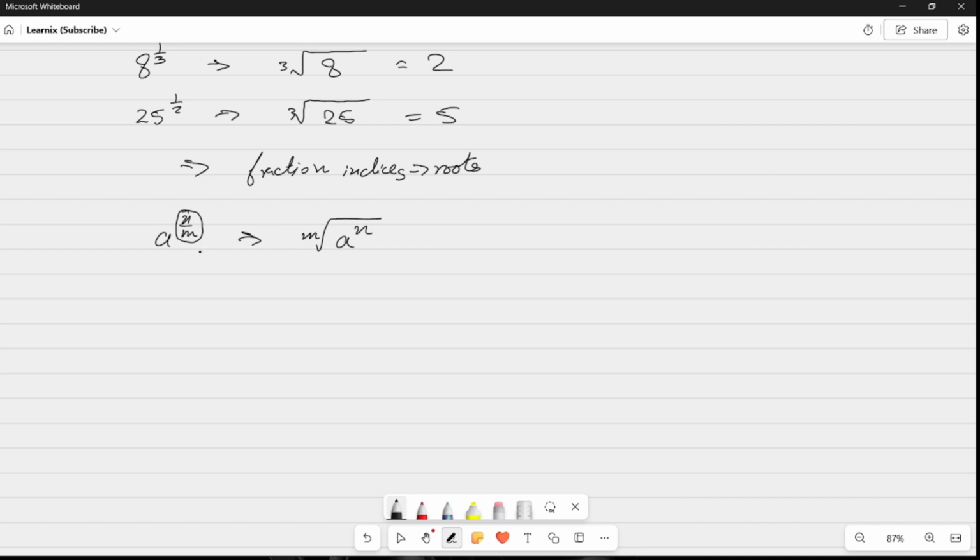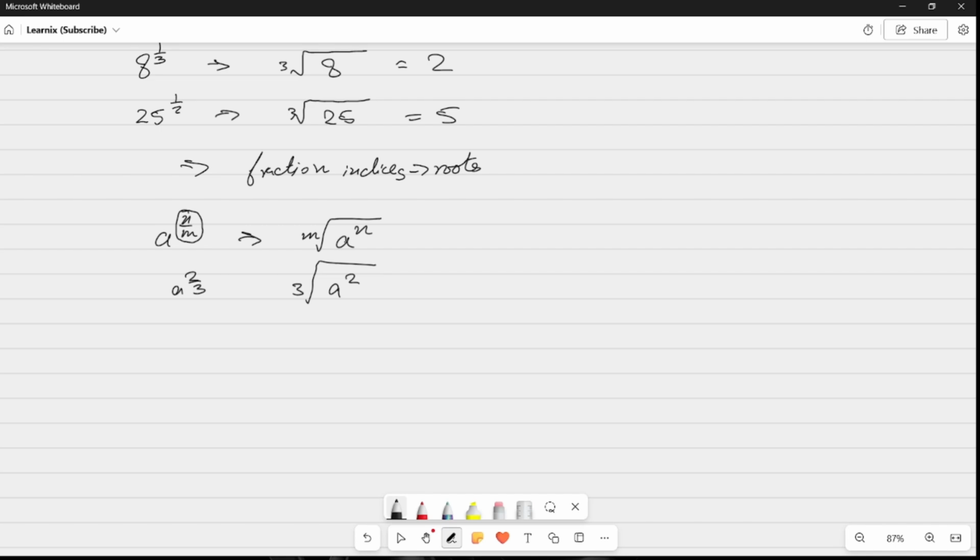If m was 2, it would be a square root. If m was 14, it would be the 14th root. And n, the numerator, would be our power. So if we have 2 over 3, we would have a squared, whole cube root. All right, so whenever you see fractional indices, think root.